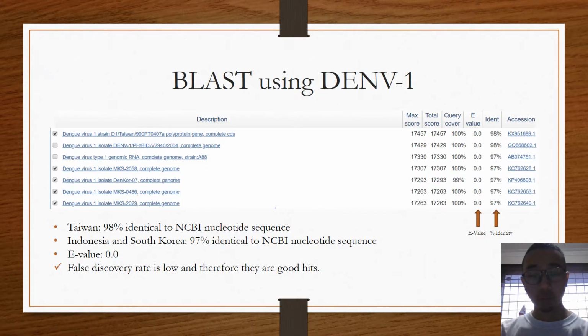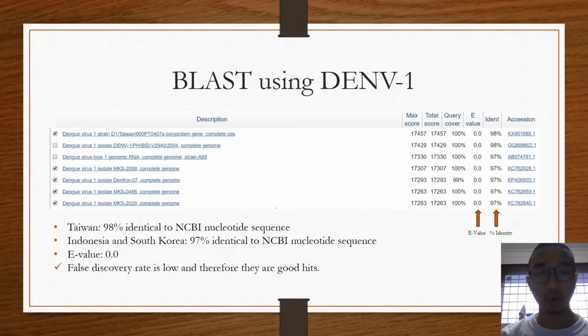For the BLAST test, we are going to use DENV1 first, as we are going through the tests in chronological order. DENV1 is our query sequence for this one. After running BLAST, we found that the strain from Taiwan is 98% identical to DENV1 from NCBI.